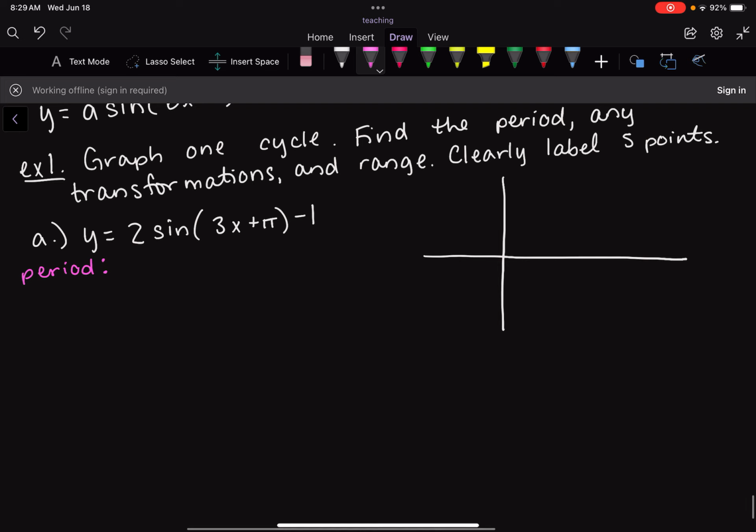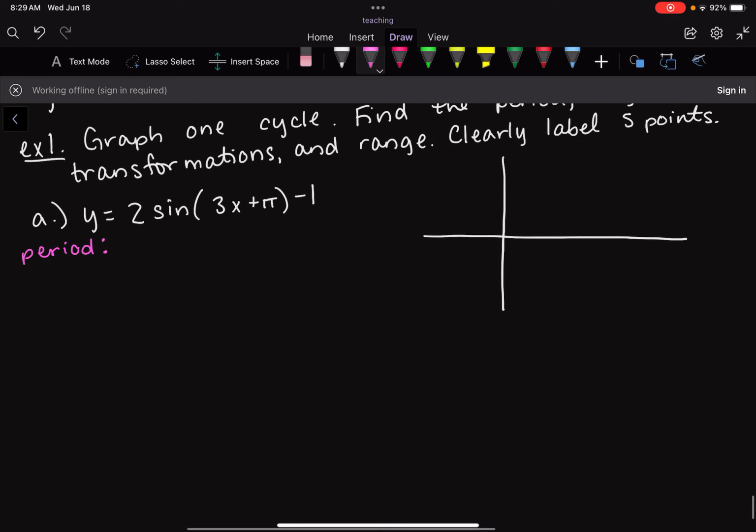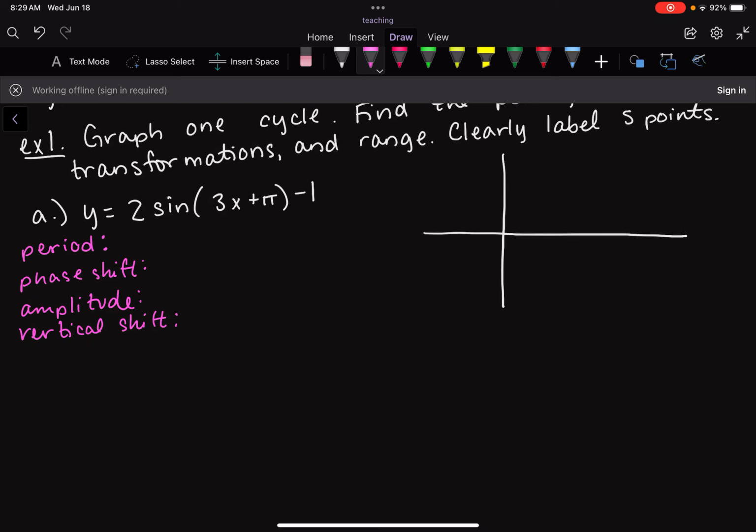Now I usually write this out for you, like what I'm looking for. On the test, I'll put period, phase shift, amplitude, vertical shift. I'll write all of that for you, and then you'll tell me next to it what it is.